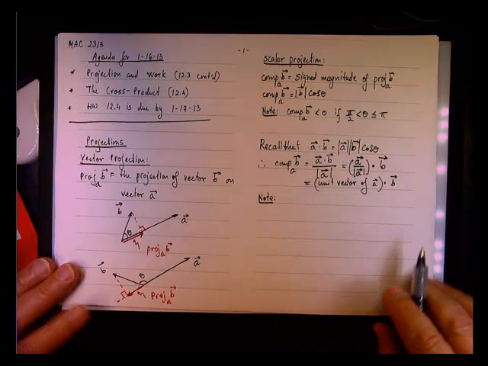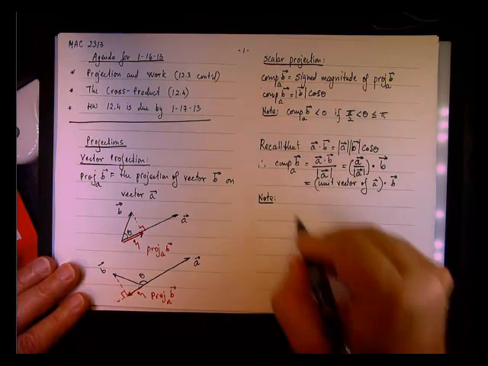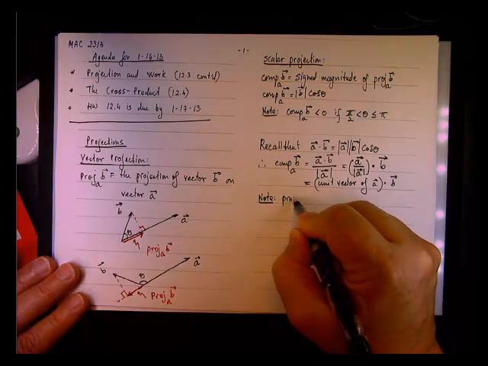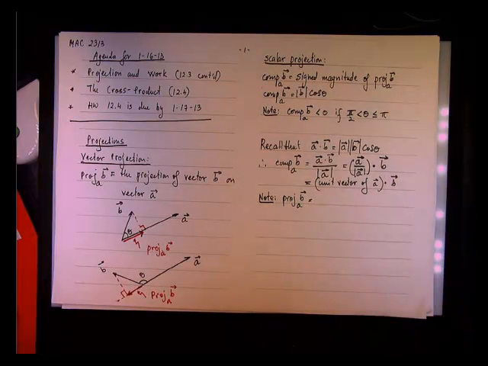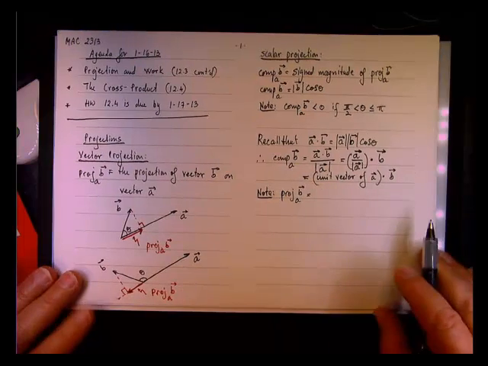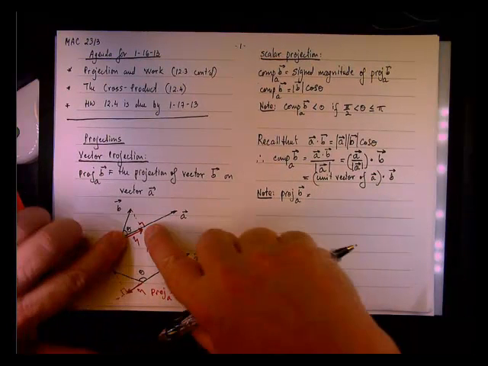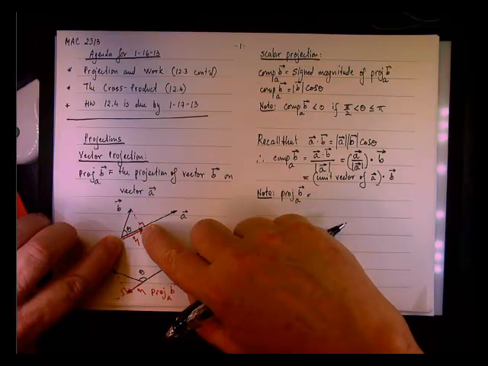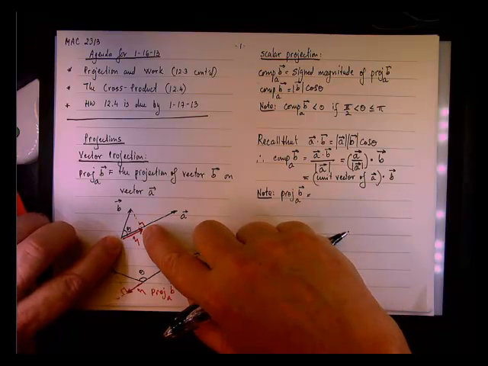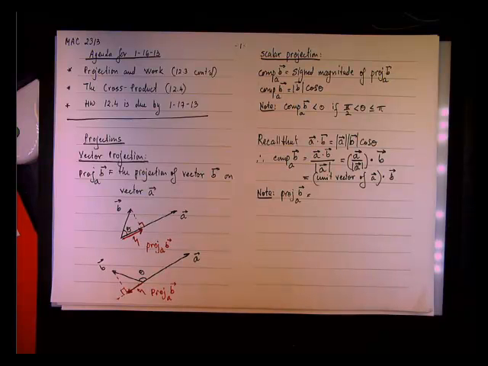So how does this apply to the projection of a vector B on A? Well, we're going to write that the projection of B on A is going to equal the following. The size of the projection is the magnitude, right?